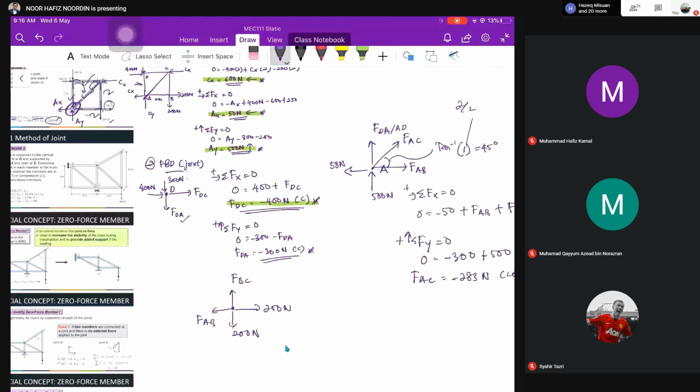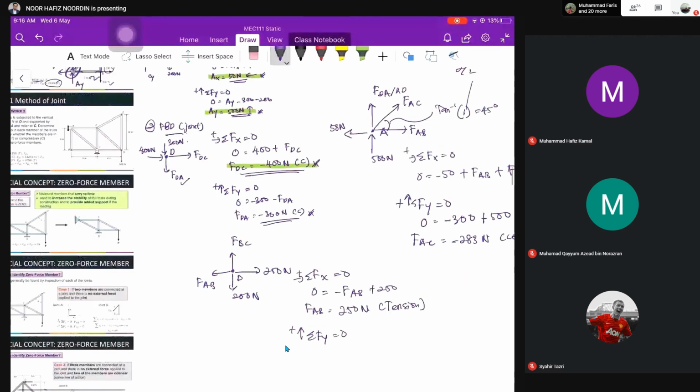So Fx equal to 0, positive, negative FAB plus 250. So FAB equal to 250 Newton. So bila positif dia adalah tension. Right? And then Fy pula. Fy equal to 0, positif ke atas. So we have FBC minus 200.